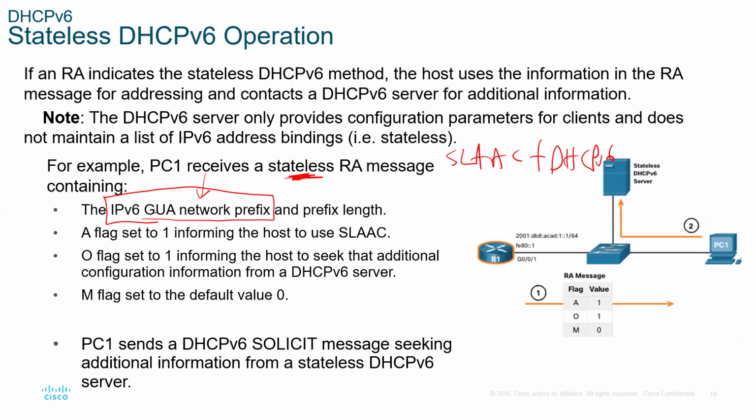Then the other 64 bits are automatically generated. That is what SLAAC is. The A flag is set to 1, informing the host to use SLAAC. The O flag is set to 1, meaning we'll get additional information from our DHCP server. The M flag is set to 0. We are not using stateful DHCP.